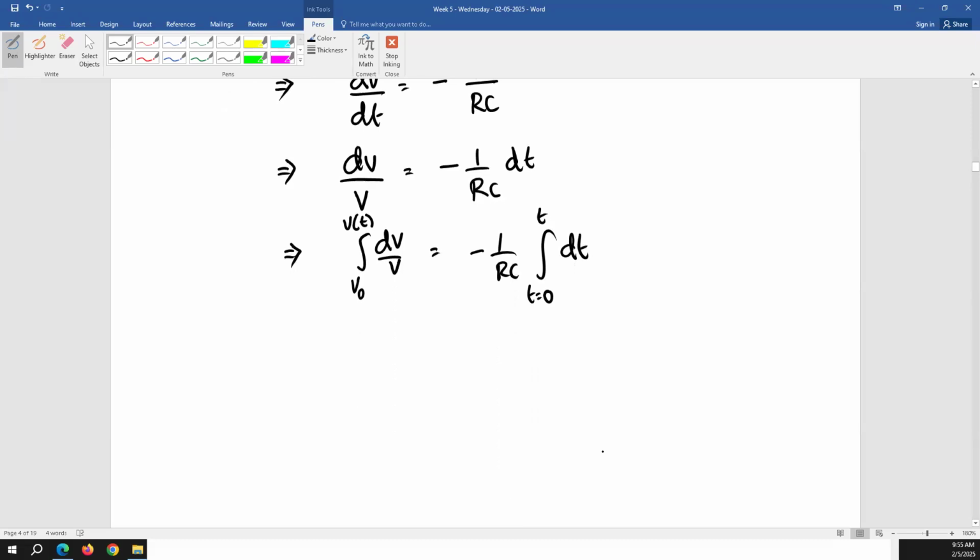All right, what is the integral of 1 over V dV? Anybody remember that? Natural log of V, very good. So we are going to put natural log of V, limits are Vt and V naught. And of course, integral of 1 is t, so negative 1 over RC, t and 0.